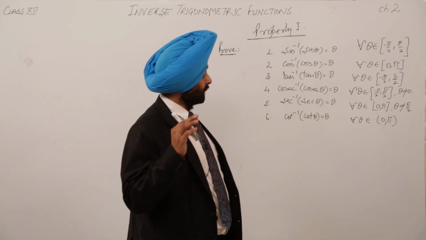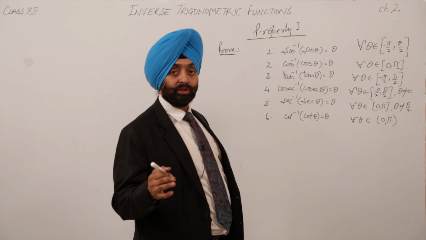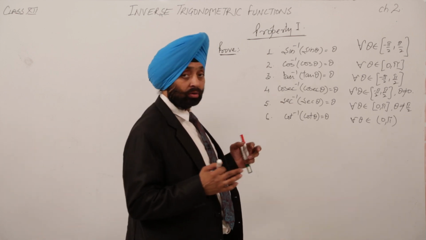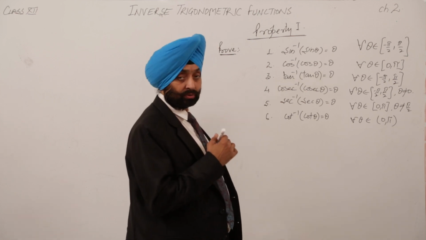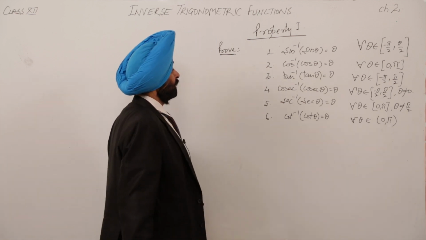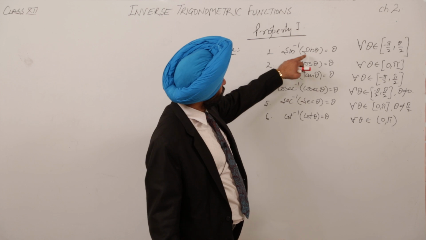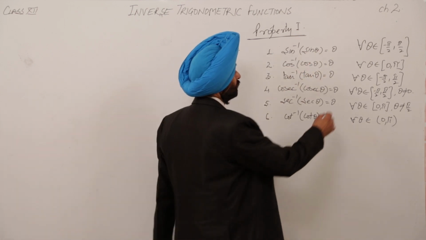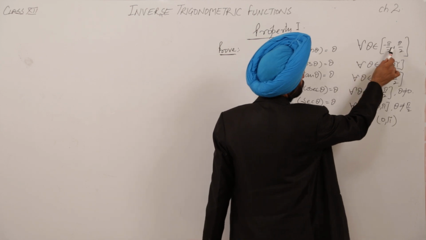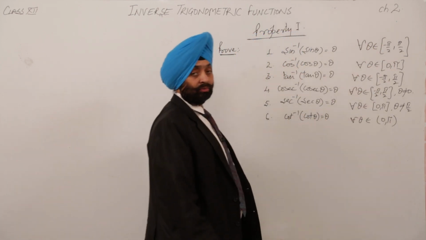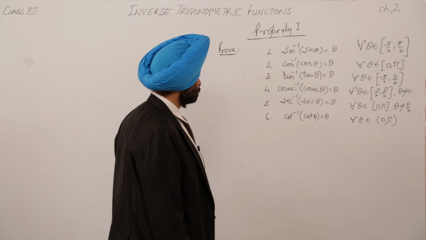We have to prove this, because it is very important and a lot of help for solving the entire questions. So sine inverse sine theta is equal to theta for all values of theta where theta belongs to minus pi by 2 to pi by 2, that is the principal value.